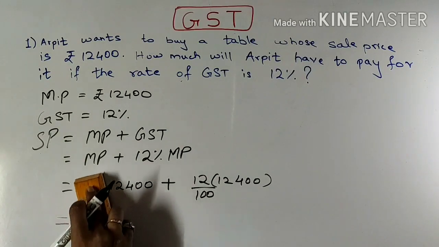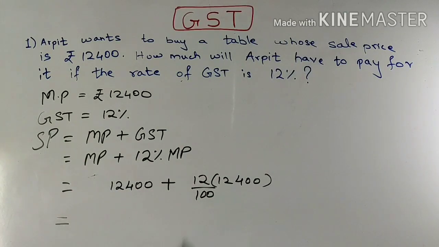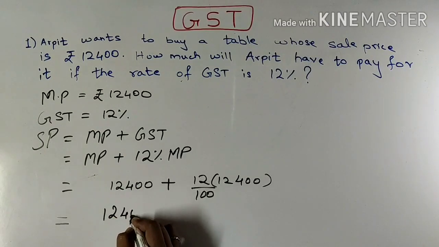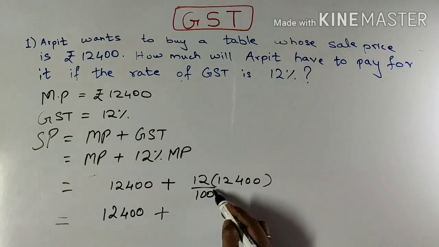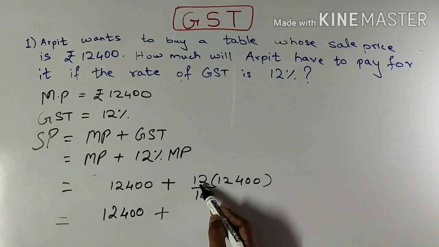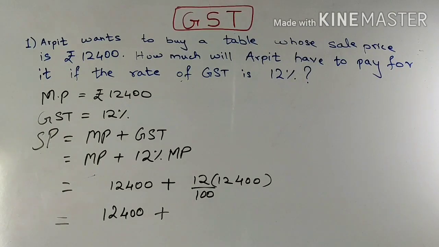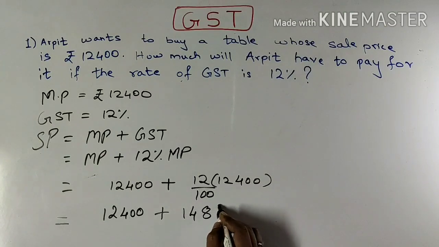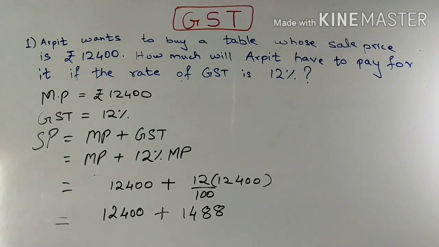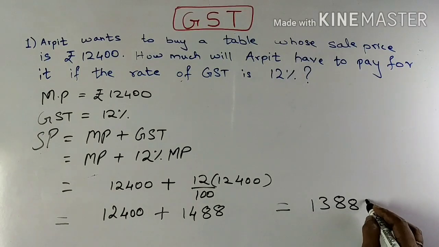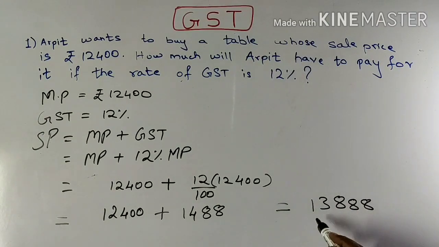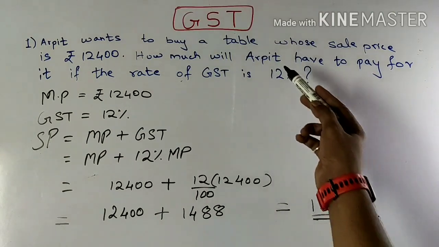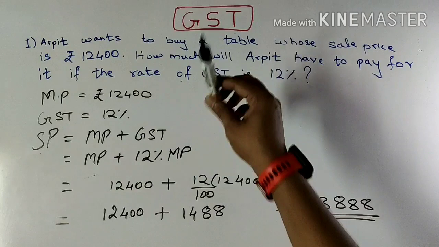So 12,400 plus, the 100 and these two zeros go away. What is the remainder? 12 into 124. The answer of 12 into 124 gives you 1488. When you add it, you get the final amount as 13,888. So this is the total amount which Arpit will have to pay in order to purchase that table.